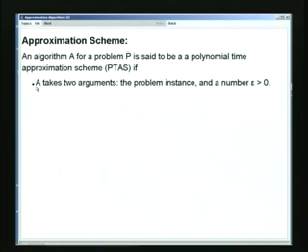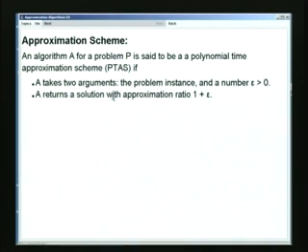First of all, A must now take two arguments. Of course, it has to take the problem instance and it will return the problem answer, but it will also take in addition a single number epsilon, which is greater than 0, which is going to tell the algorithm how good an answer we want.